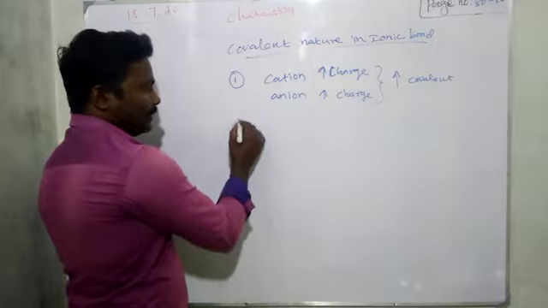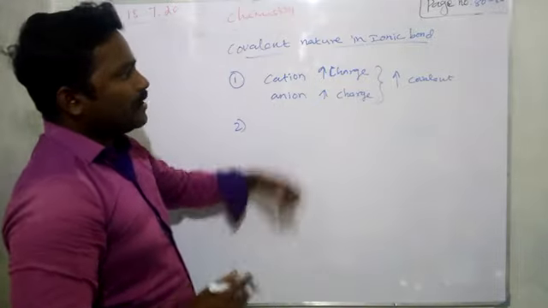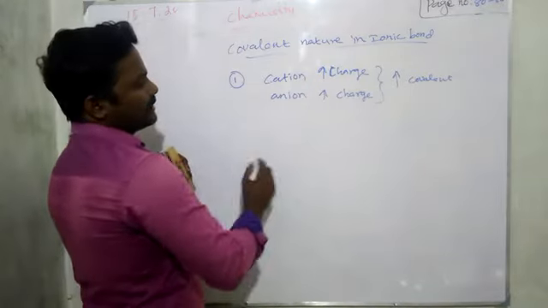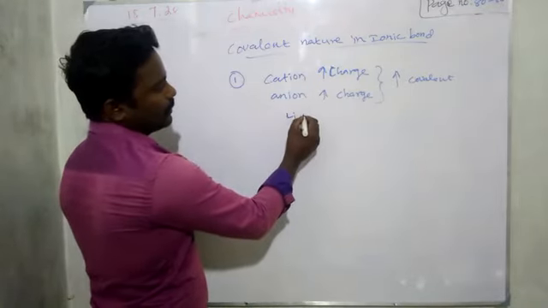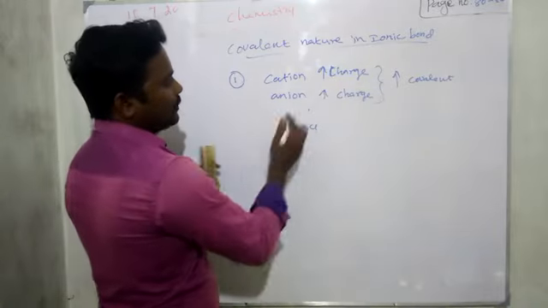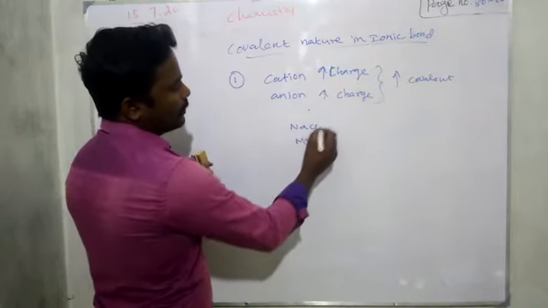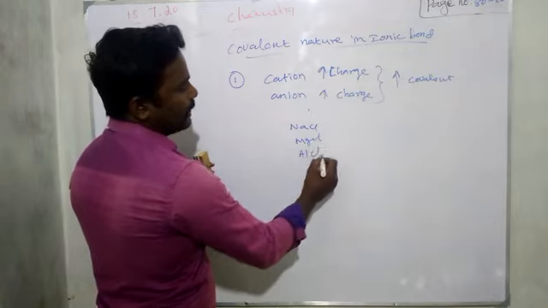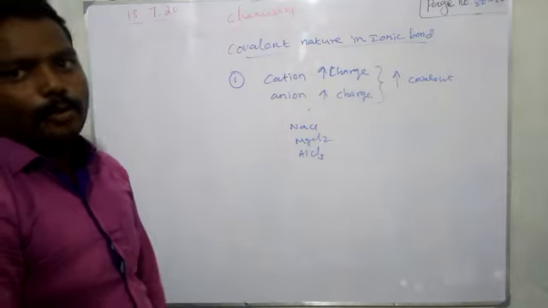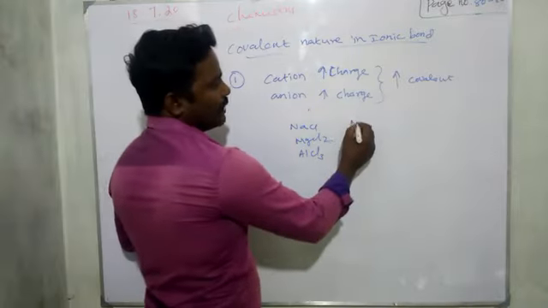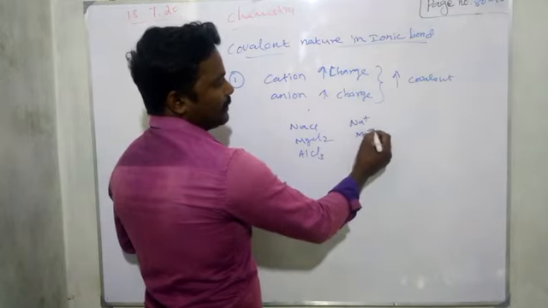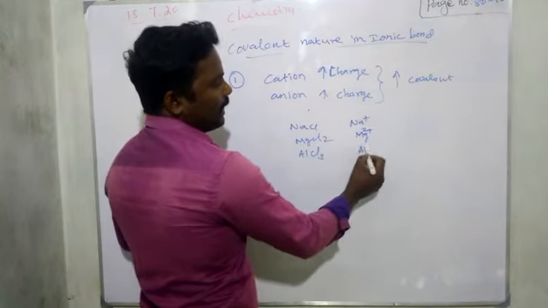How does high charge on cation and anion make the covalent character high? You can see an example. Take lithium chloride, sodium chloride, magnesium chloride, and then aluminum chloride. All are ionic compounds, but the charges are sodium 1+, magnesium 2+, aluminum 3+.